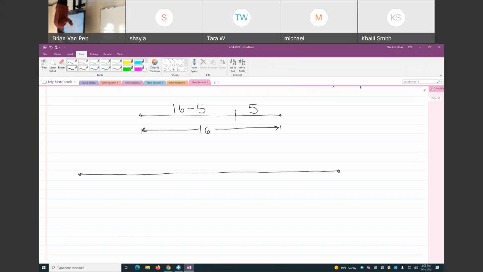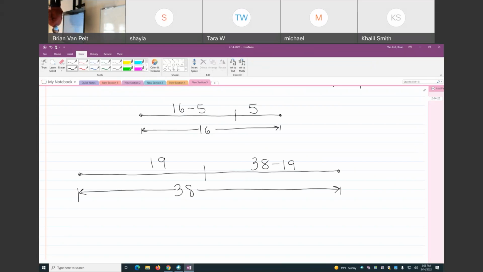It's not as straight as I want. Say this one is 38. Slice off 19. What's left of the empty space? How did you get that 19? 38 minus 19.